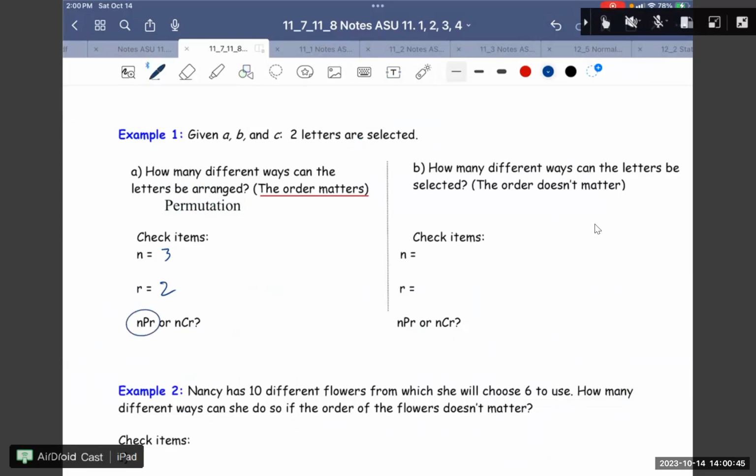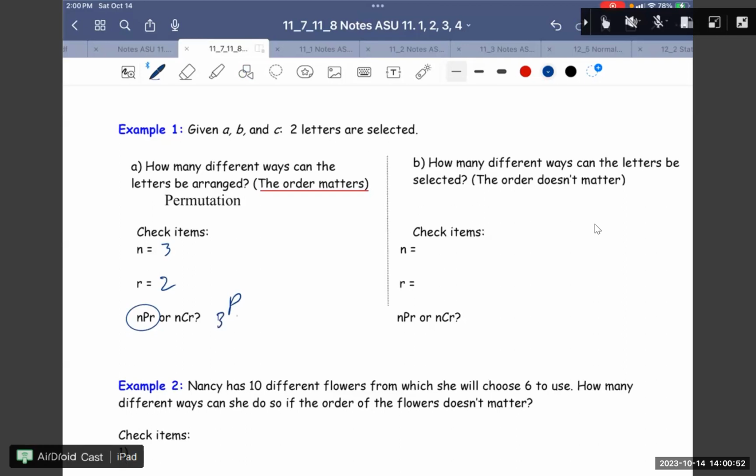So we got P, actually 3 to 2. So we got 3 factorial over 3 minus 2 factorial, or 3 factorial over 1 factorial. So 3 times 2 times 1 divided by 1. So this one is 6.